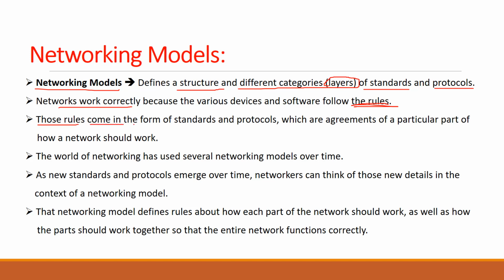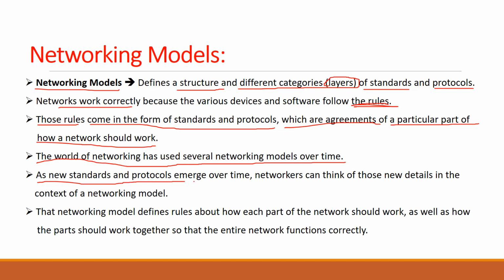Those rules come in the form of standards and protocols, which are agreements on a particular part of how a network should work. The world of networking has used several networking models over time, and each one was developed by a specific vendor. So, as new standards and protocols emerge over time, networkers can think of those new details in the context of a networking model.